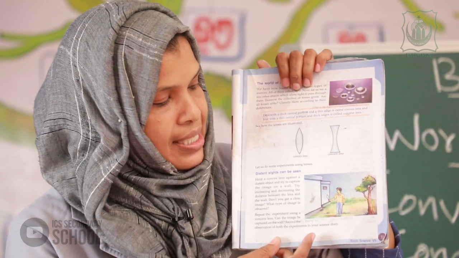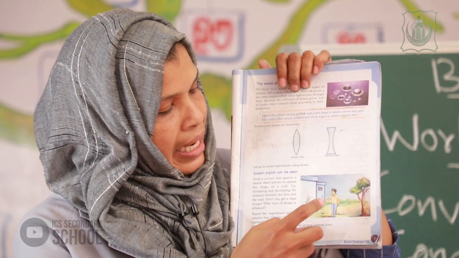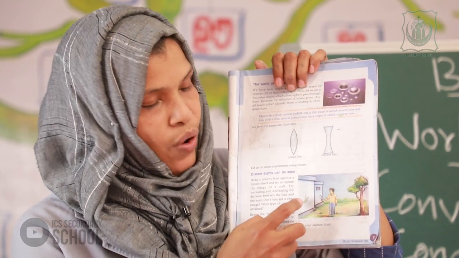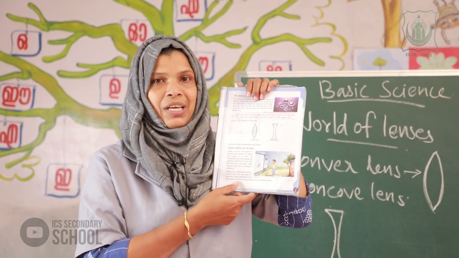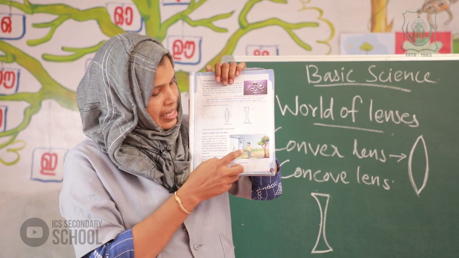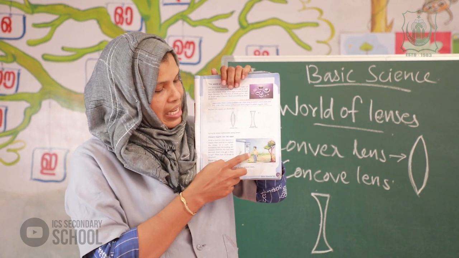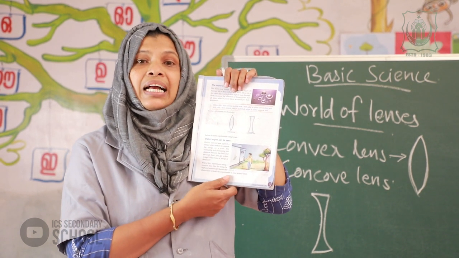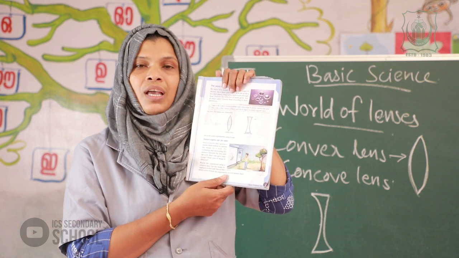You can adjust the distance between the lens and the wall to get a clear image.